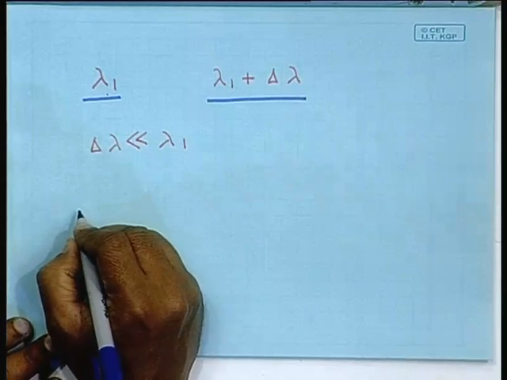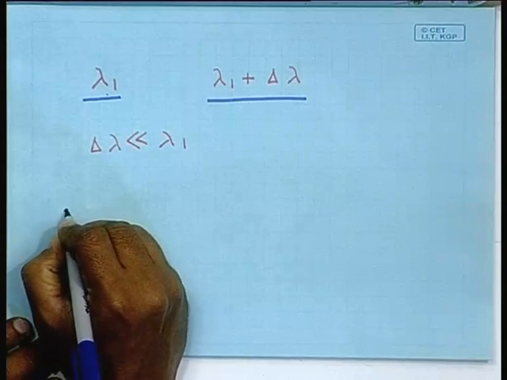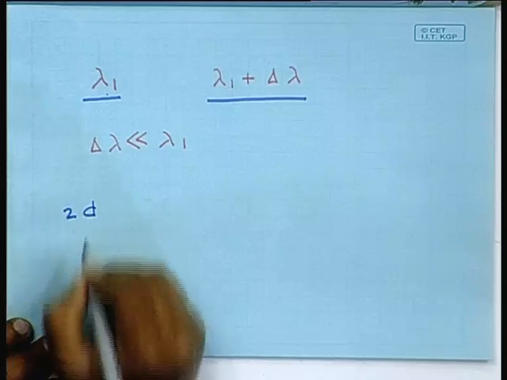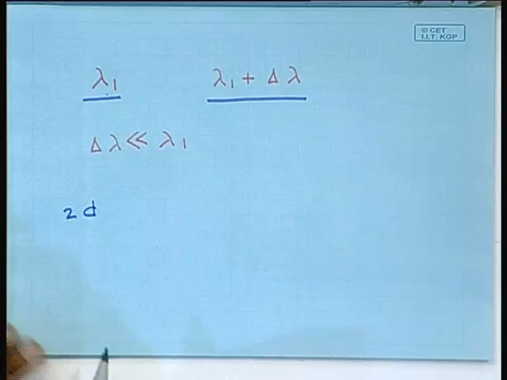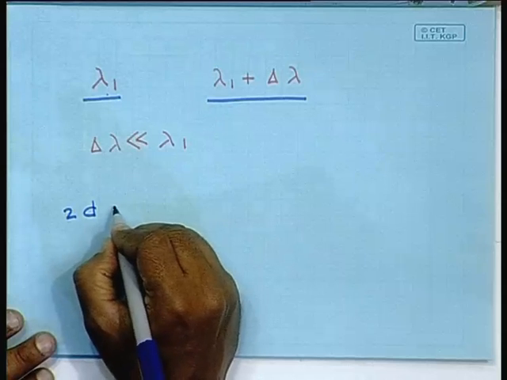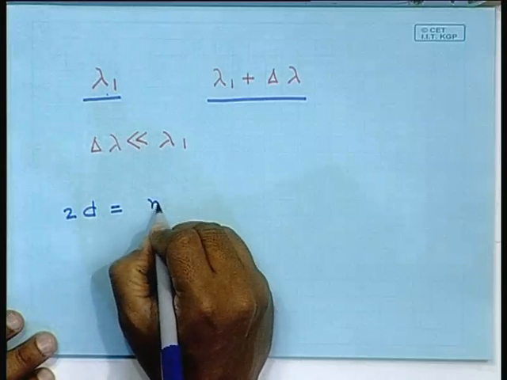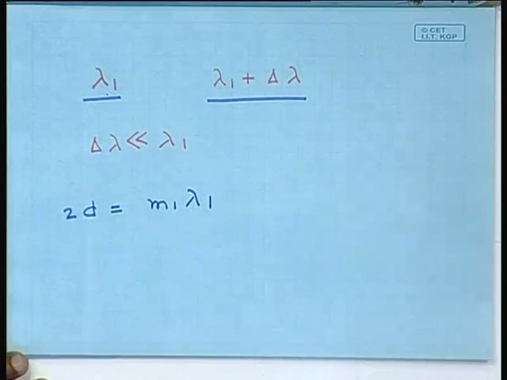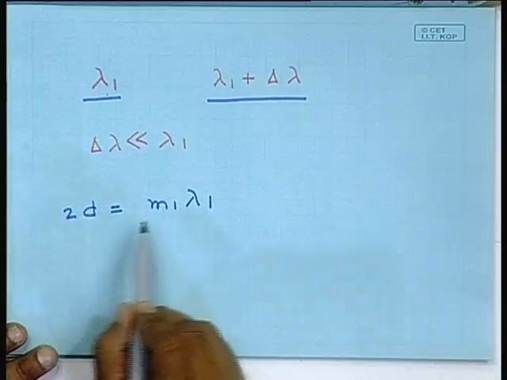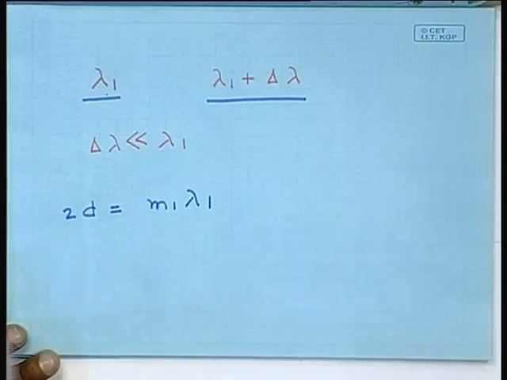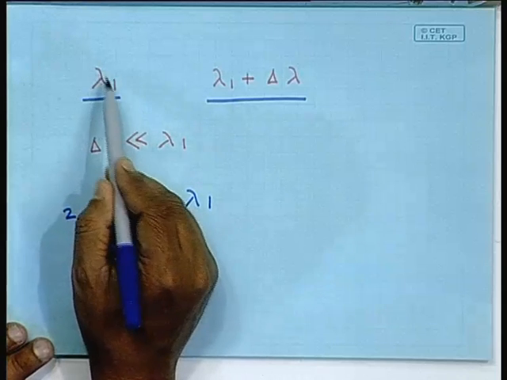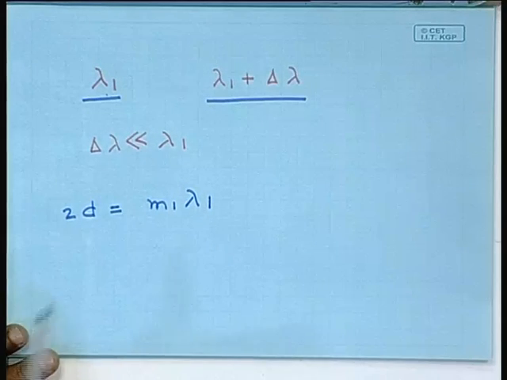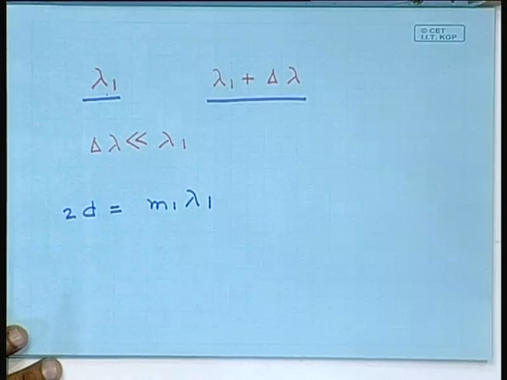So, the condition that has to be satisfied is that I have to adjust the difference in the two arm lengths so that 2d is equal to m1 lambda 1, where m1 is an integer. If I adjust d so that this condition is satisfied, the fringe pattern produced by this wavelength lambda 1 will have a dark spot at the center.